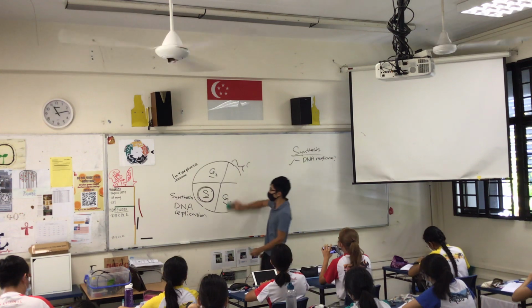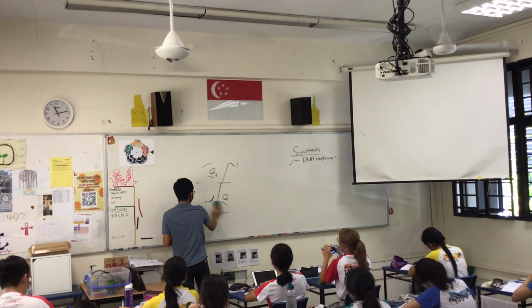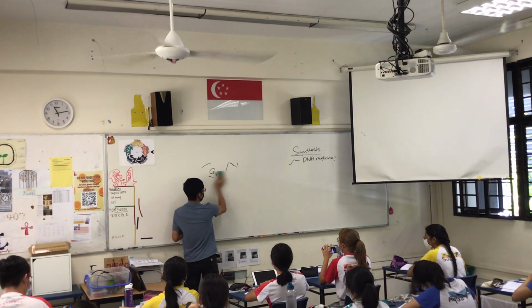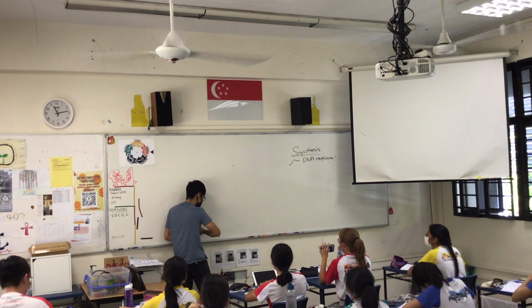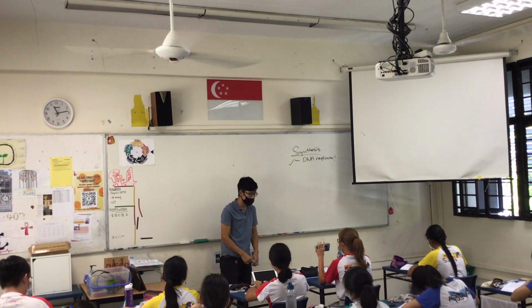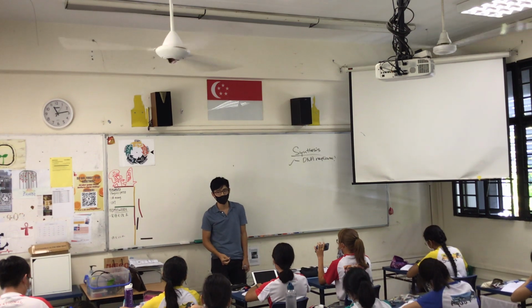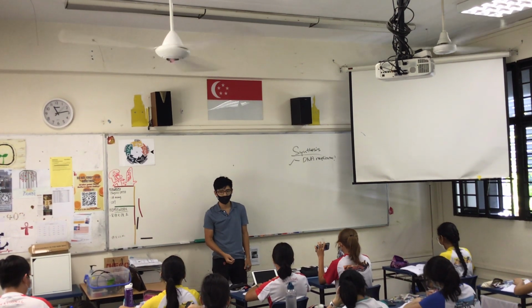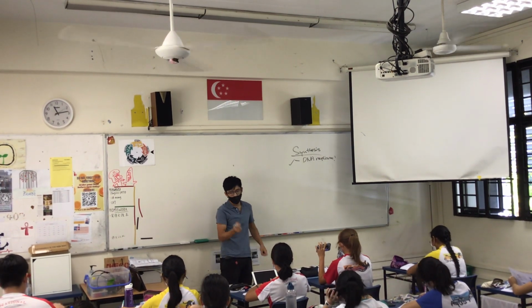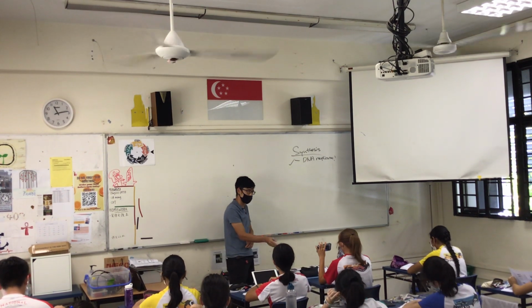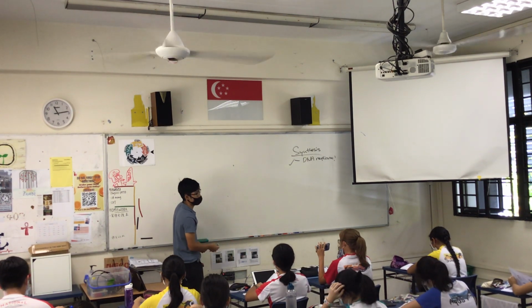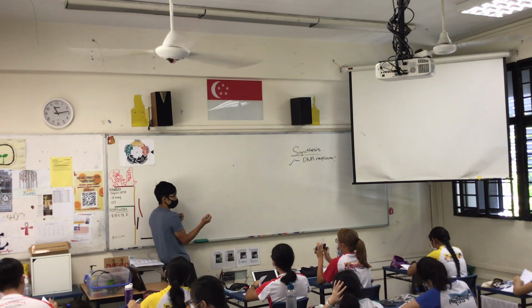We want to find out how DNA replicates. For those who have done their reading, it may be easier today. For those who have not, we're going to try to make sense of it. But in order to make sense of it, we need to know what the structure of DNA is. And therefore, let's try to brainstorm which topics are very relevant to this particular chapter. The first one, I've already told you.